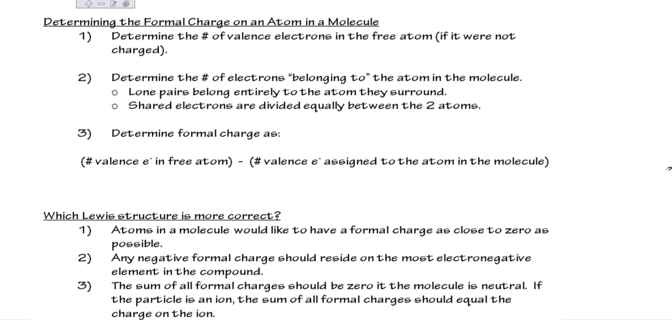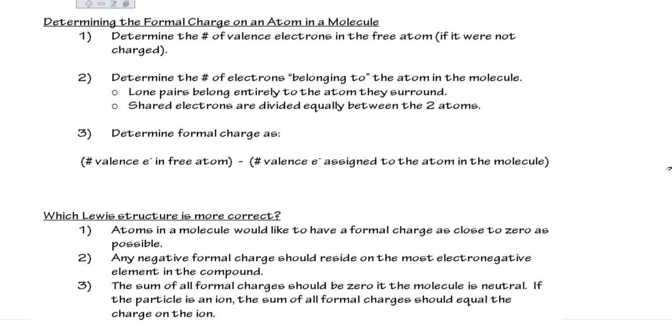So I want to look for a structure that has a lot of formal charges that are 0 or as close to 0 as possible. Number two, if you have any negative formal charges, which could happen, they could end up being positive or negative, you want the negative formal charge to be on the atom with the highest electronegativity in that compound. We're going to look at examples of these rules.